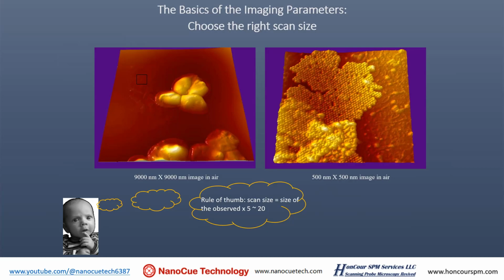If you want to see single atoms, then you have to scan no more than 20 times the size of the atom. If you want to see the molecules, again, 20 times. And if you want to see a bacteria, which is, let's say, 5 to 10 microns, you have to scan 5 to 20 times the size of this bacteria, which is microns. This is the first thing to decide, how big the scan size is.